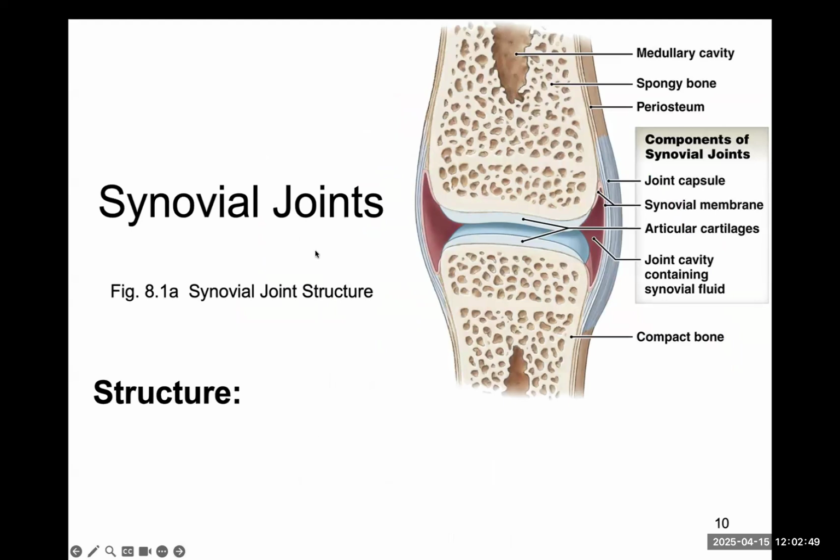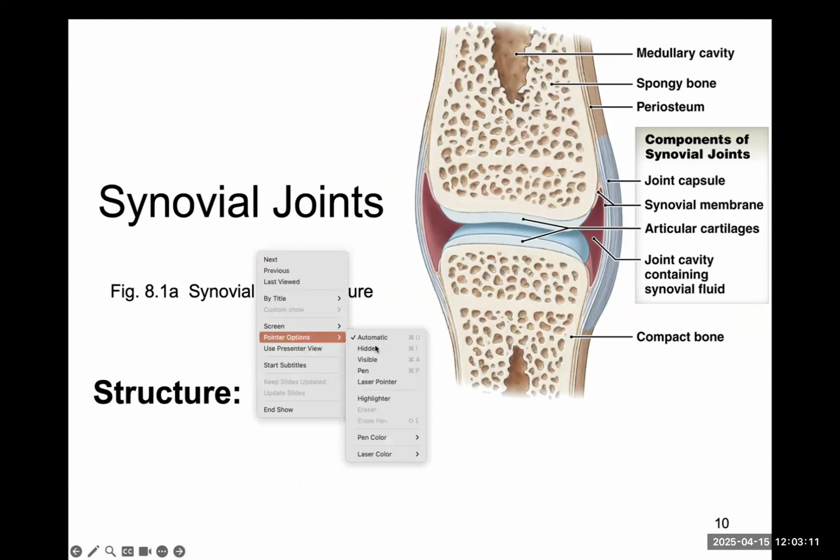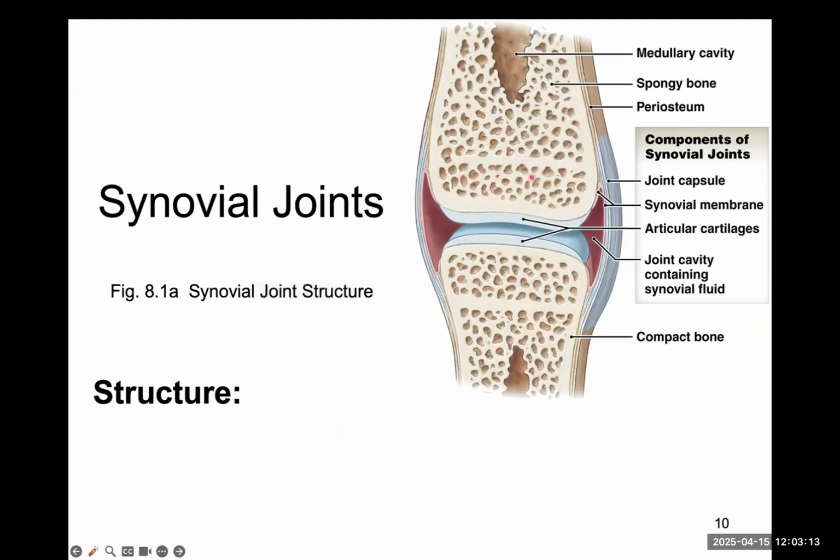All right, so let's look at the joint capsule itself. Here is a generic bone, and here's another one. It doesn't exist in real life. Just imagine two long bones, and around those bones you're going to have this joint capsule.